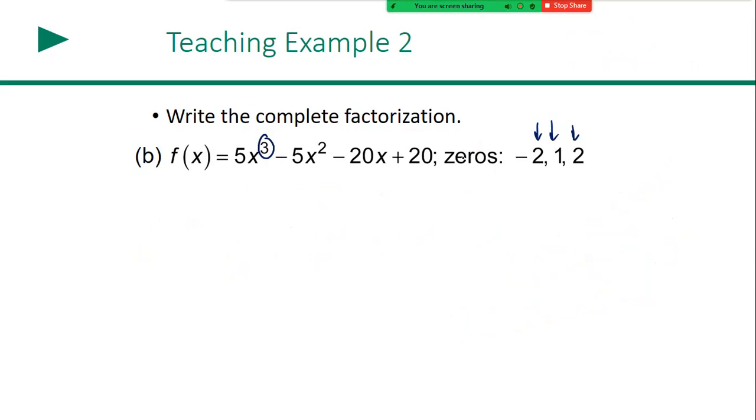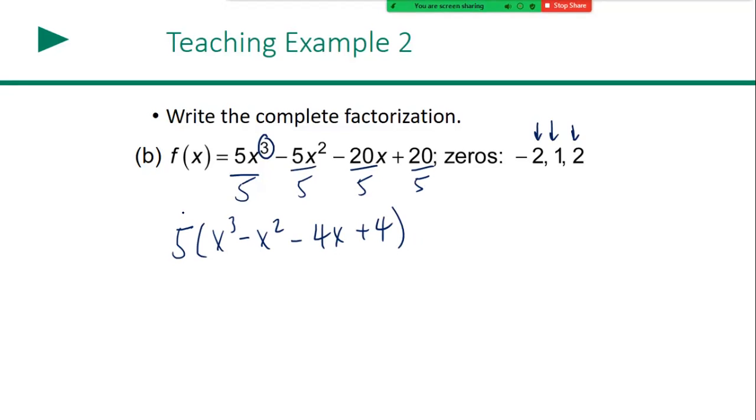So I'm going to divide each one of these by 5. So I'm dividing by 5, dividing by 5, dividing by 5, dividing by 5. And I'm left with 5 times x cubed minus x squared minus 4x plus 4. So the GCF is my what again?